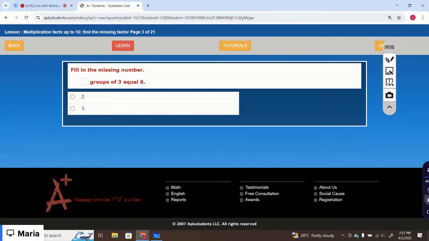Fill in the missing number. How many groups of 3 equals 6? So, which is the correct option?